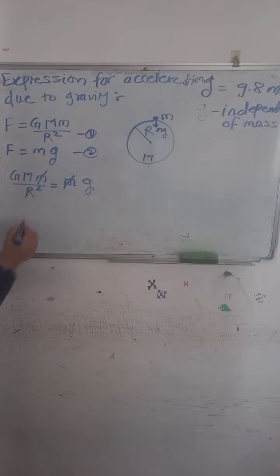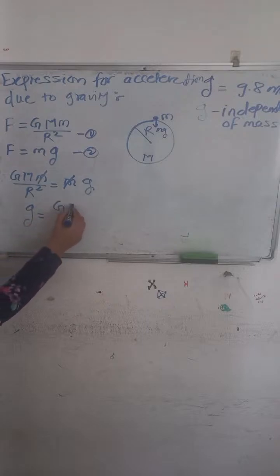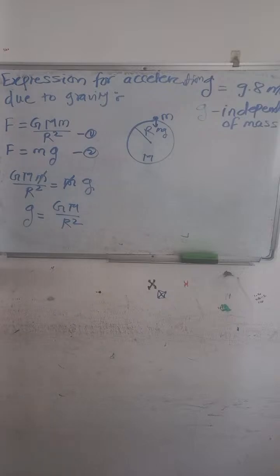The mass m cancels and we get g equals G M upon R square. This is the acceleration due to gravity when the body is on the surface of the earth, and the value of g is 9.8 meter per second square.